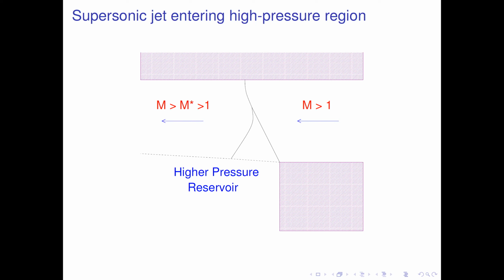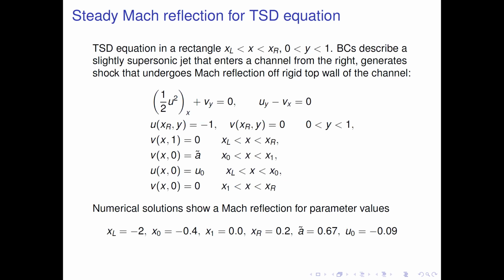And in this parameter regime, we're supposing the reflected shock here hits this rigid wall at the top, and it reflects off the rigid wall as a Mach reflection. So this is sort of inverted from the way I had it before, but again, there's a reflected shock here, a Mach stem, and an incident shock reflecting off this wall into a Mach stem and a reflected shock with a triple point right here.